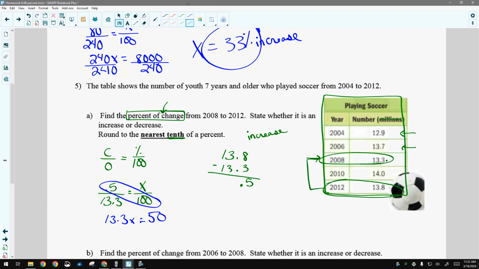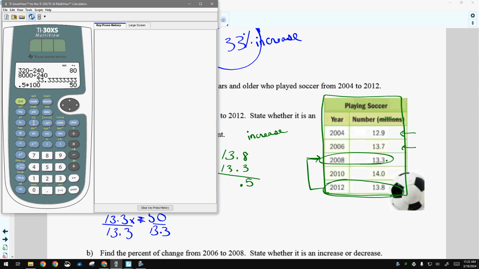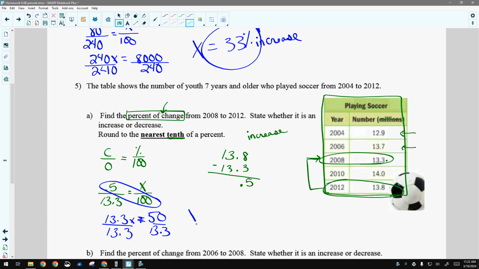All right? So then, to get x alone, we're going to divide both sides by 13.3. So 50 divided by 13.3 is 3.75. X equals 3.75. It says to round to the nearest tenth.